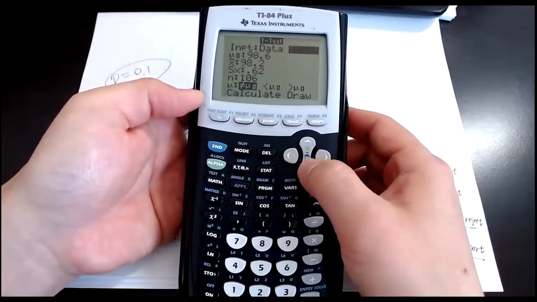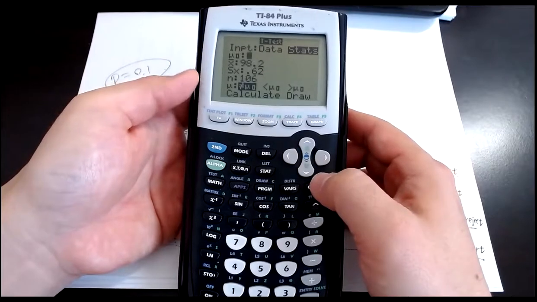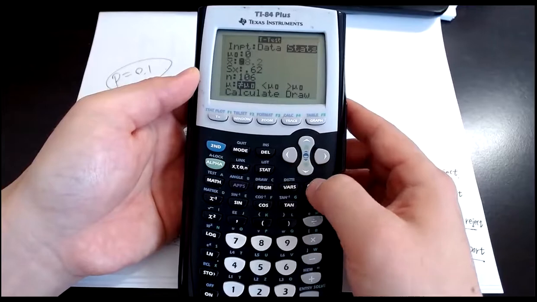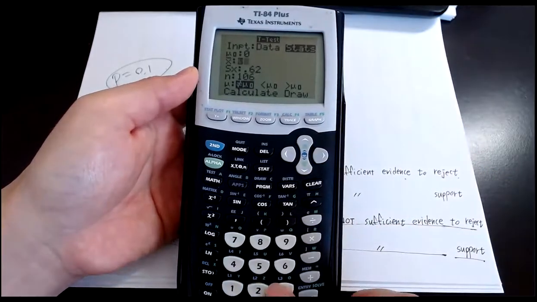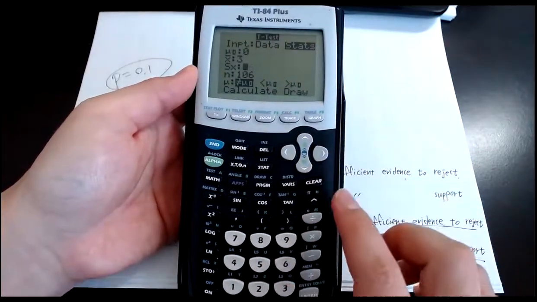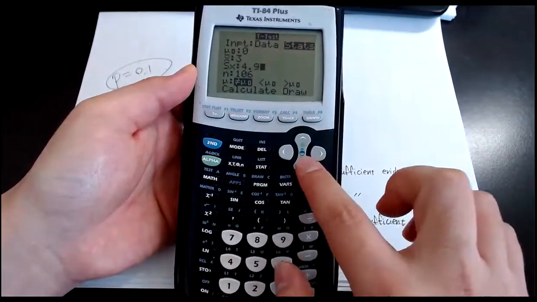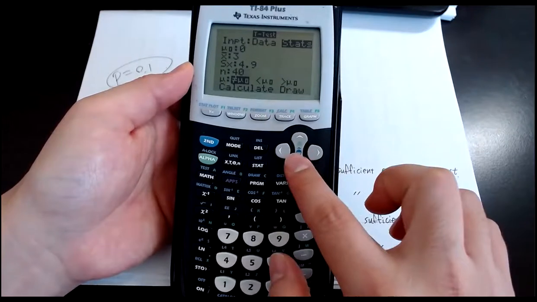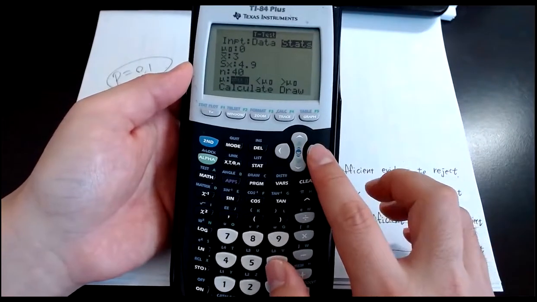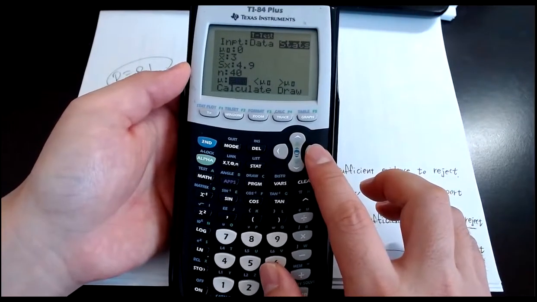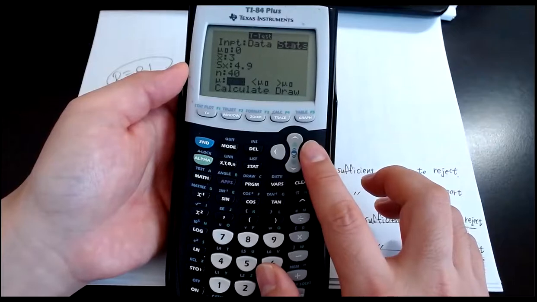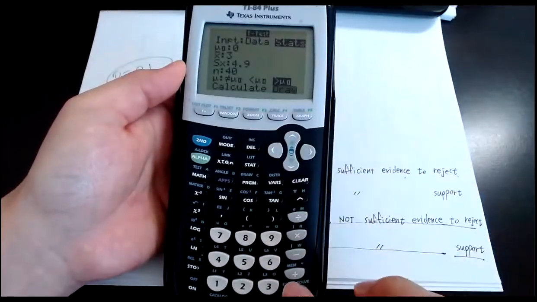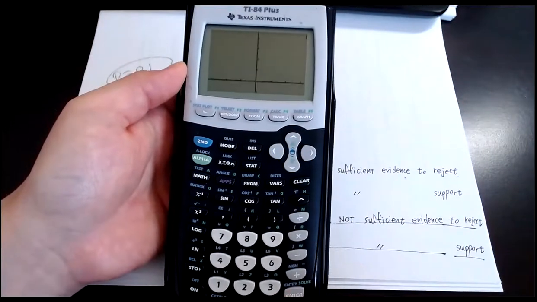We use mu 0 equals 0, and x bar, the sample mean, is 3, the sample standard deviation is 4.9, and the sample size is 40. And H1 is mu greater than 0, which is the original claim. So we draw it.